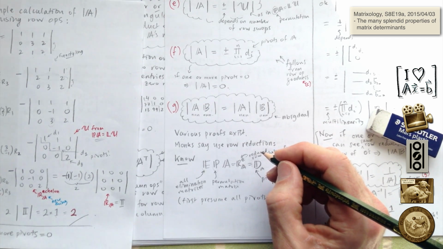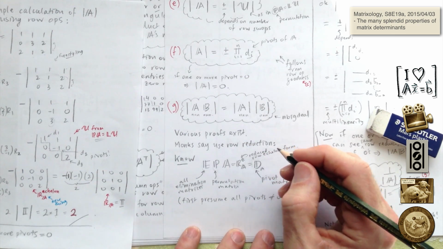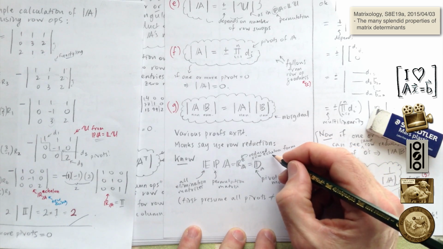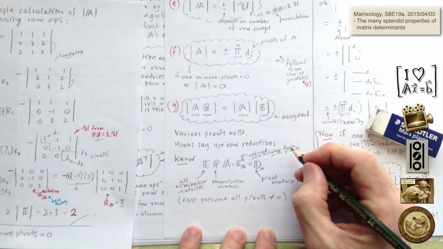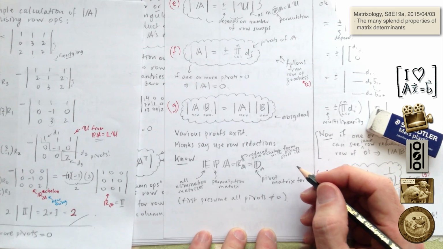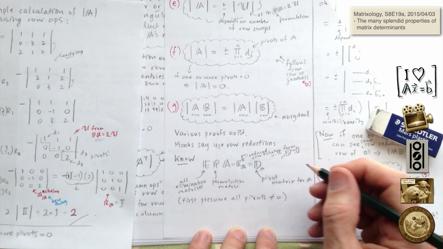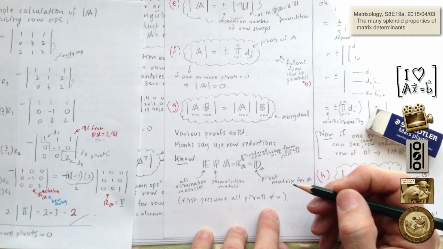We're almost there, you see, with the row reduction, but we've left the pivots in. Which is really the pivot matrix if everything is good and we've got all the pivots not equal to 0. Okay.